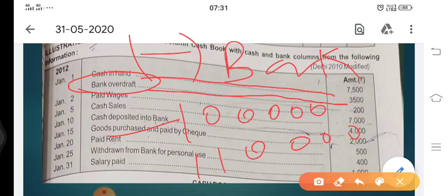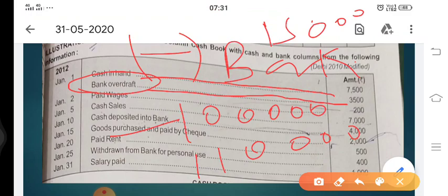For example, if you were given a limit of 15,000, that means you could withdraw only 15,000 extra. That means you could hardly have issued a check of 1,15,000 that the bank would have cleared. This overdraft I'll be sending you in a PDF. So I guess you people are understanding overdraft.